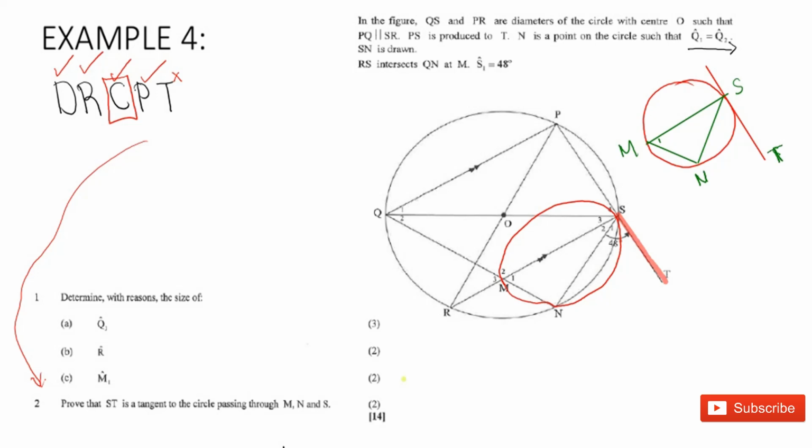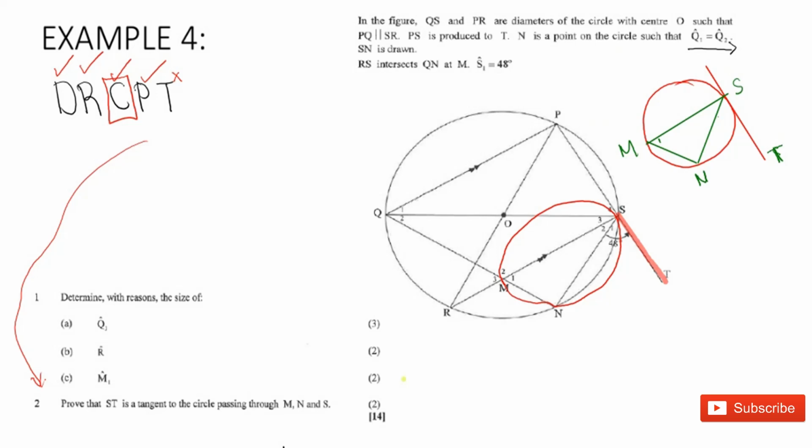So what does the tan chord theorem say? The tan chord theorem says that your tangent, which is your ST, and your chord, which is your SN, form an angle, then that angle is going to be equal to an angle that is in the alternate segment. We already found that the angle S1 is equal to 48 degrees.